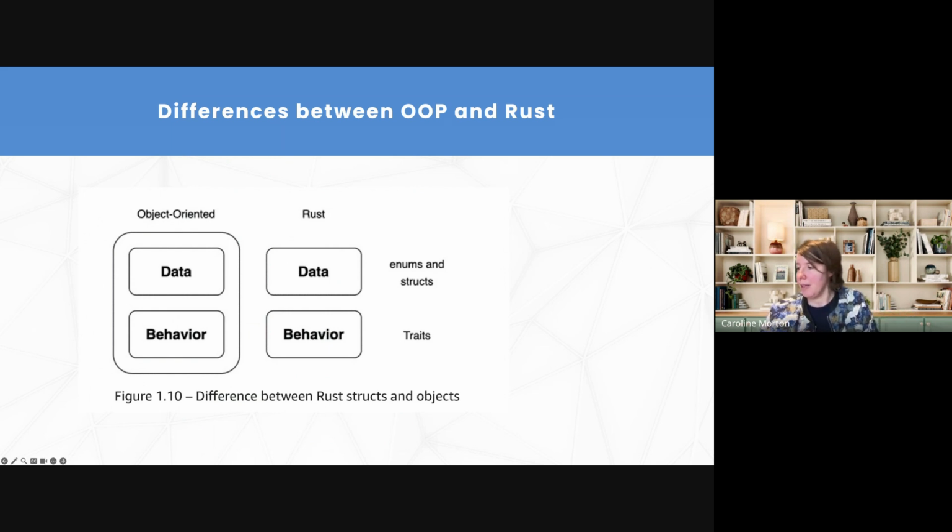Okay, and both of these mechanisms support something called polymorphism. How to explain polymorphism? It's a flexible way that you can interact between different objects.